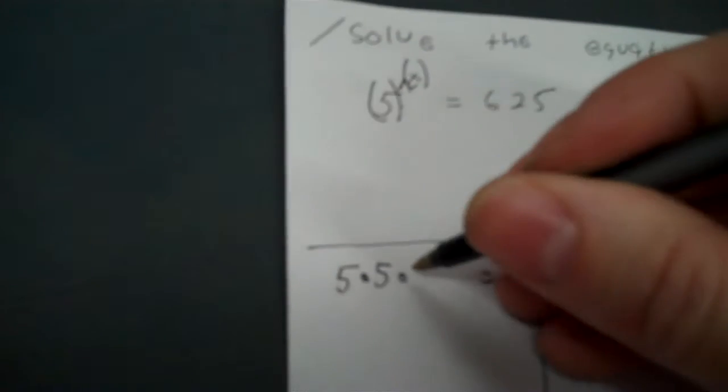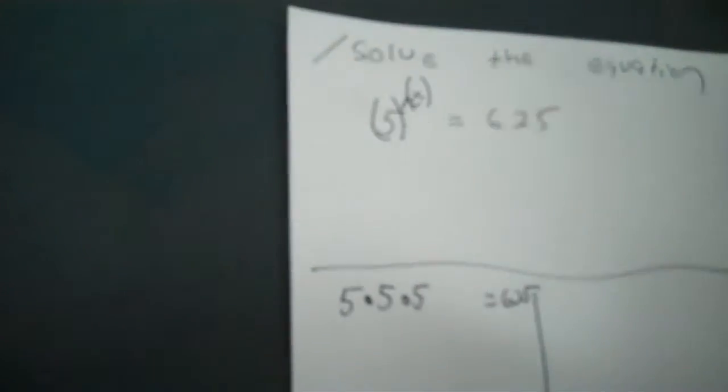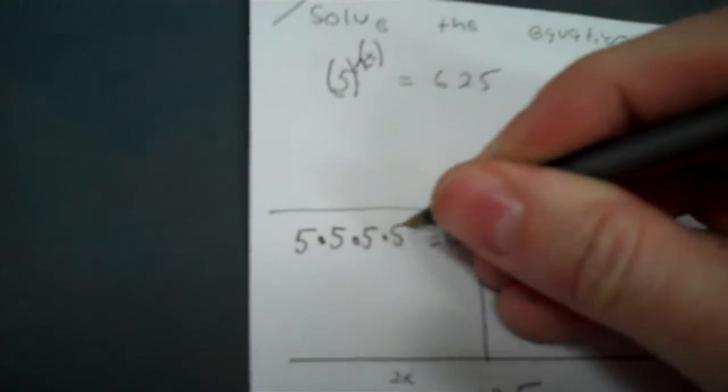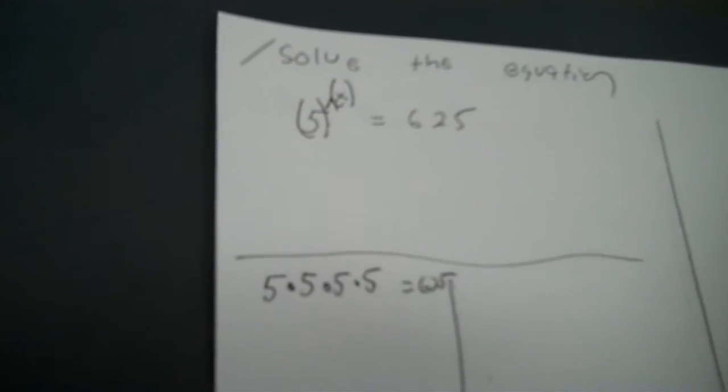Okay, that's what you're trying to do. 3, well, again, you start ending up with somewhere you're going to want to use your calculator. Well, that's not 625. So I times by another 5. And you're at 625. So, okay, how many 5s was that? It was 4, so x equals 4. And that is our answer right there.